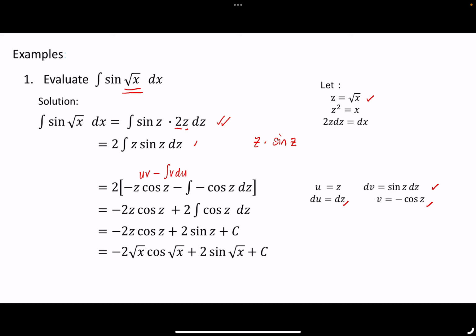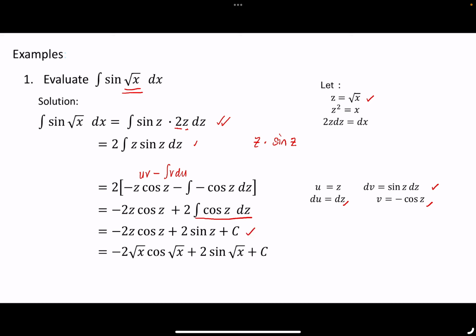So with this, we have negative 2z cosine z, and then we distribute 2 to the other term. So we have 2, and then negative of negative would be positive cosine z dz. We can now integrate cosine z dz, and that would be positive sine z. And thus, we have negative 2z cosine z plus 2 sine z plus c.